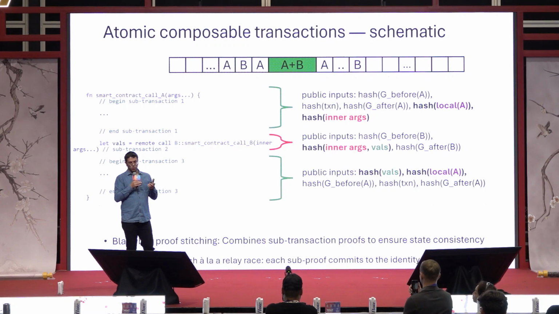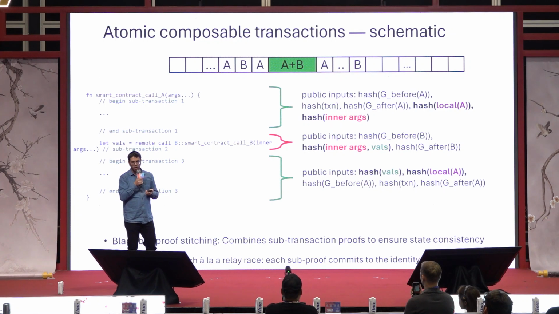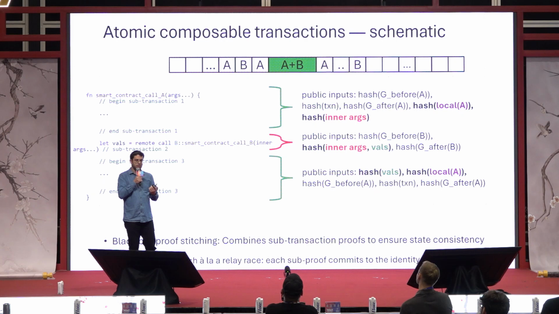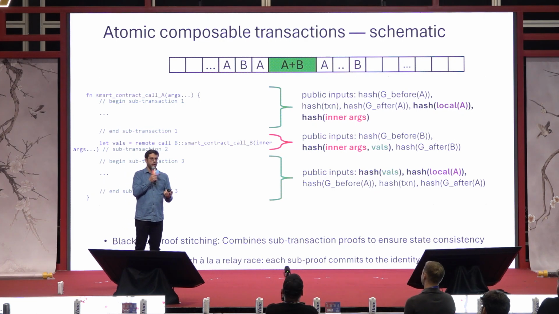So if you get a proof with these 3 proofs, with these public inputs, you can actually check that all links work. You try to build a DAG, and you would see that the commitments at the output of sub-transaction 1 match the respective inputs at sub-transactions 2 and 3.